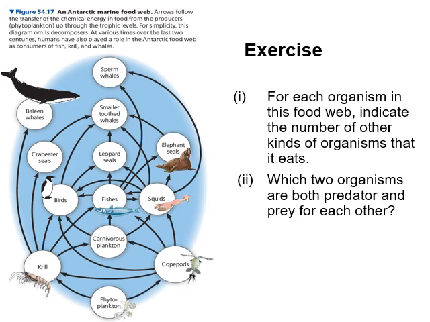It says for each organism in this food web, indicate the number of other kinds of organism that it eats. And then number 2, which two organisms are both predator and prey for each other. Okay, so you can check from the arrows. So that's an exercise for you.